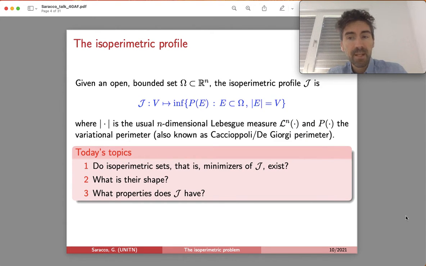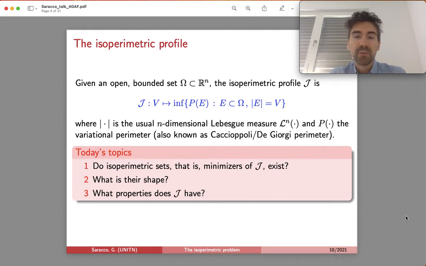topic. That is the following: we take an open bounded set omega, say in general in the n-dimensional Euclidean space, but later on I will restrict myself to the two-dimensional space, and we define the isoperimetric profile as the functional that to each volume V in between 0 and the volume of this open bounded set omega, that I will sometimes call the box, associates the least perimeter needed to enclose the given volume among subsets of omega.